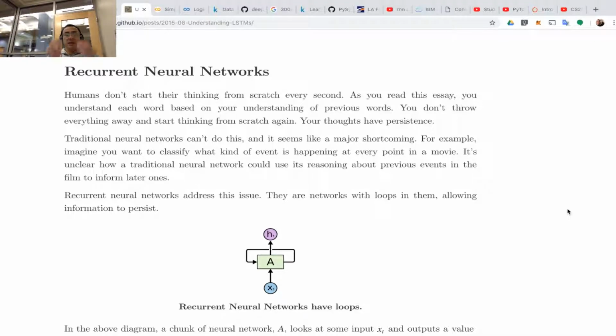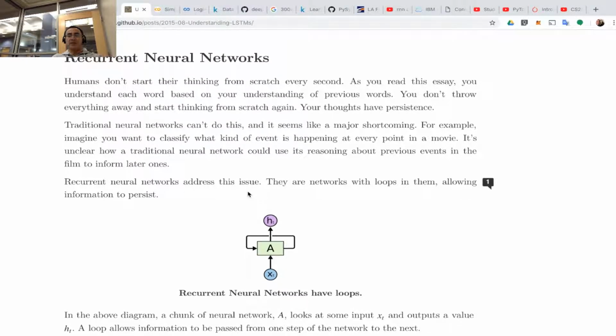For example, imagine you want to classify what kind of event is happening at every point in a movie. It's unclear how a traditional neural network could use its reasoning about previous events in the film to inform later ones.